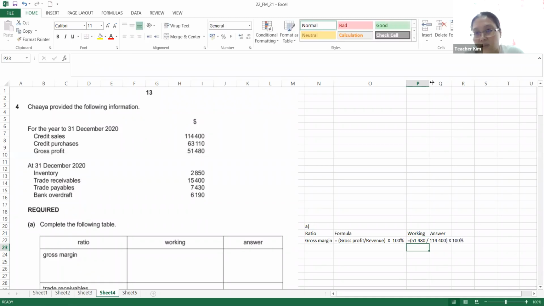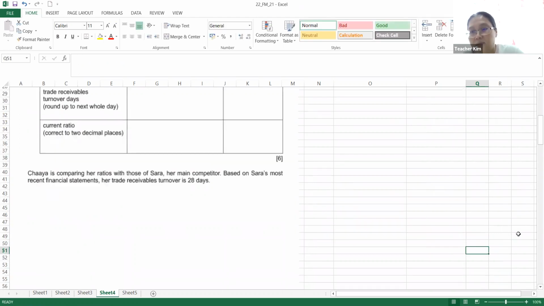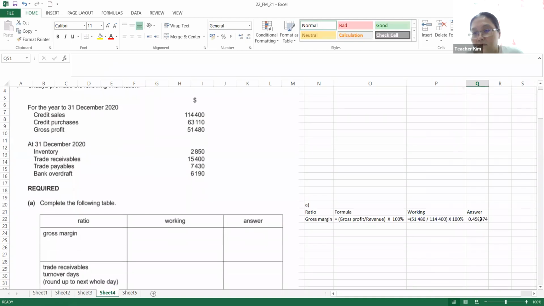So this is the working, and the answer will be 51480 divided by 114,400 times 100%. So here put 2 decimals.